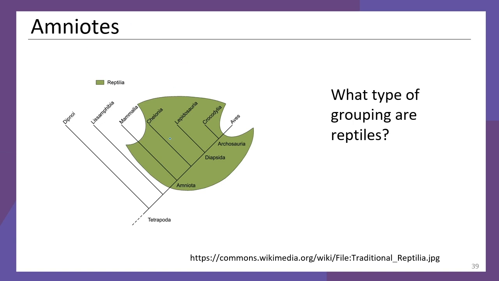And so we can see reptiles, we've got the extant reptiles, so currently existing turtles, tortoises, lizards, snakes, crocodiles. We've got ancestors.